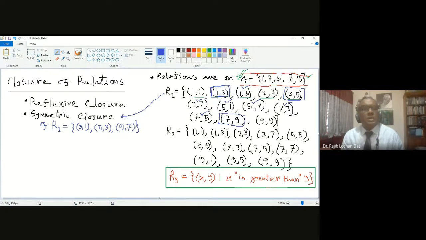So it's fine. These are the three elements you need to add so that the relation can be symmetric. That's all. So this is the symmetric closure of R1. Now you can think about the symmetric closure of R2. What will be the symmetric closure of R2?